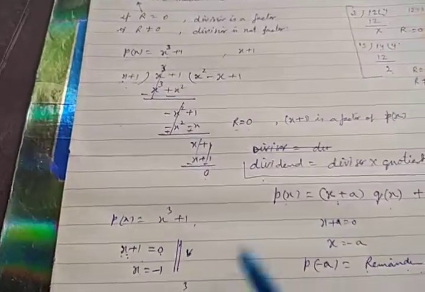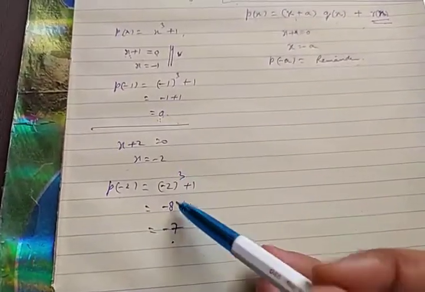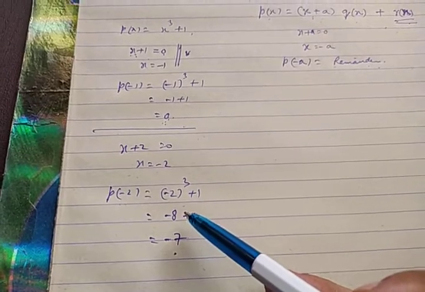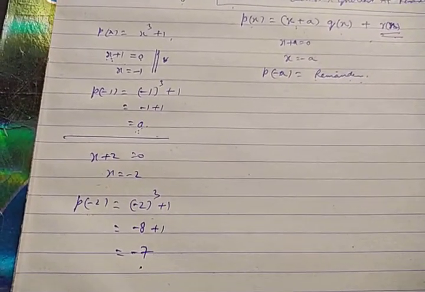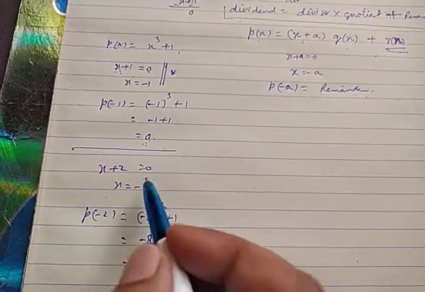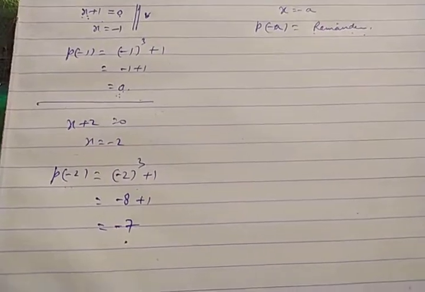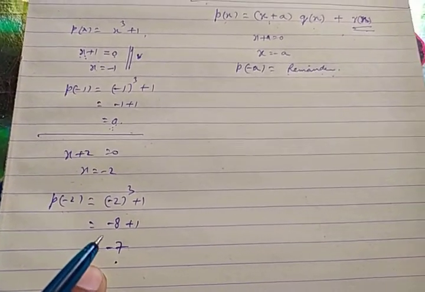Without going through the proper division method, by this method or process you can calculate the remainder. This is called the remainder theorem. In your exercise, you have been given certain questions and expressions like x minus 2, x plus 1, whatever, and you will calculate the value which is to be substituted in p(x), and accordingly you will calculate the remainder.